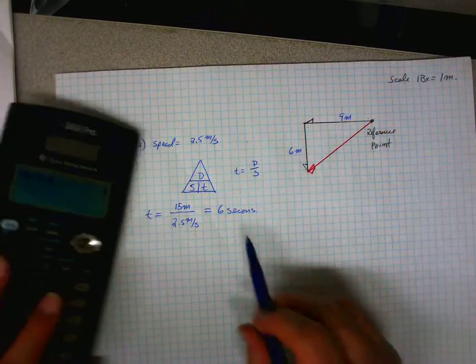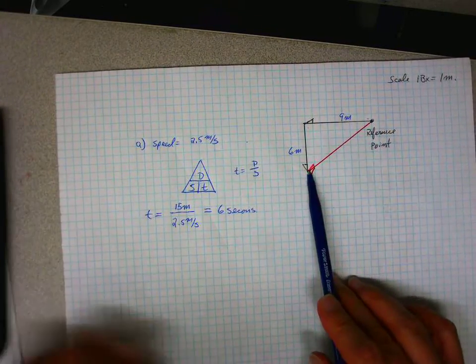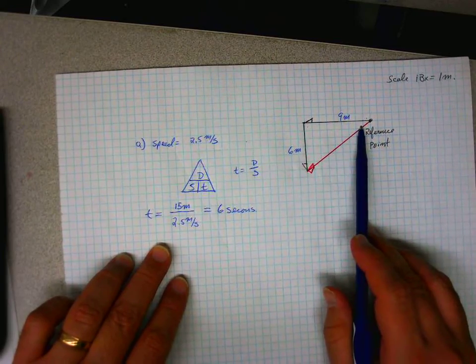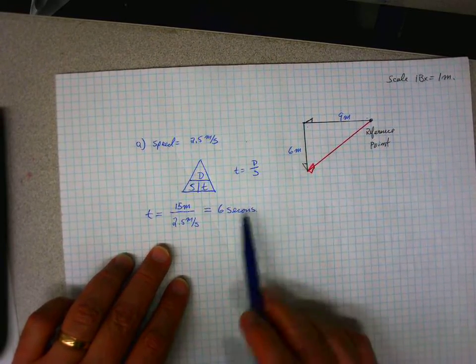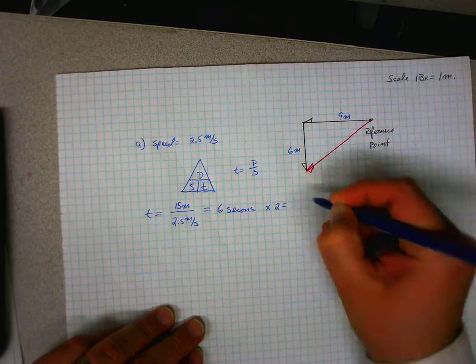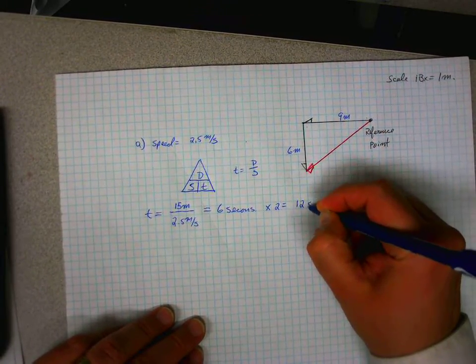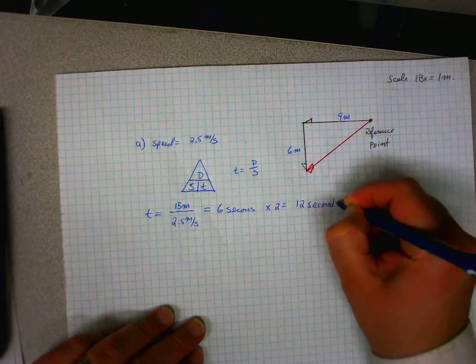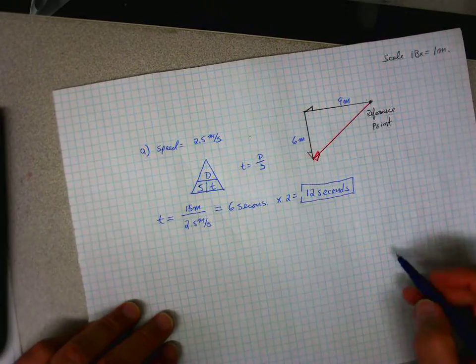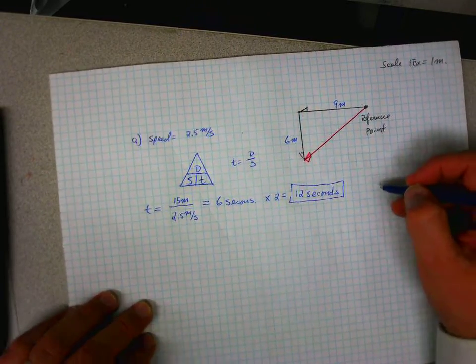So it's going to take 6 seconds to get to the store. But the question is asking how long it would take to go back if we travel the same distance at the same speed. So we multiply this by 2, and it takes a total of 12 seconds to get to the store and back.